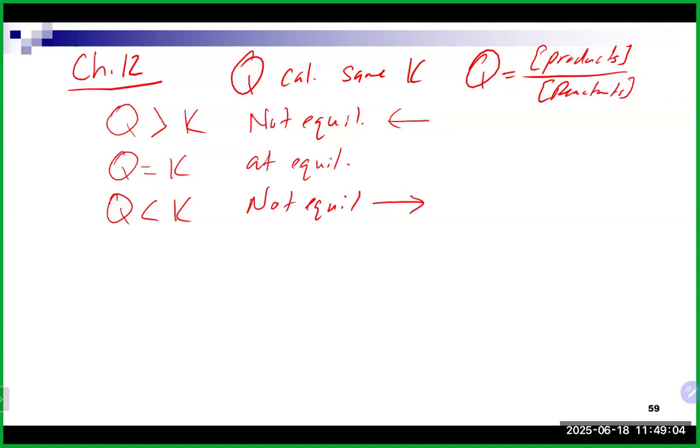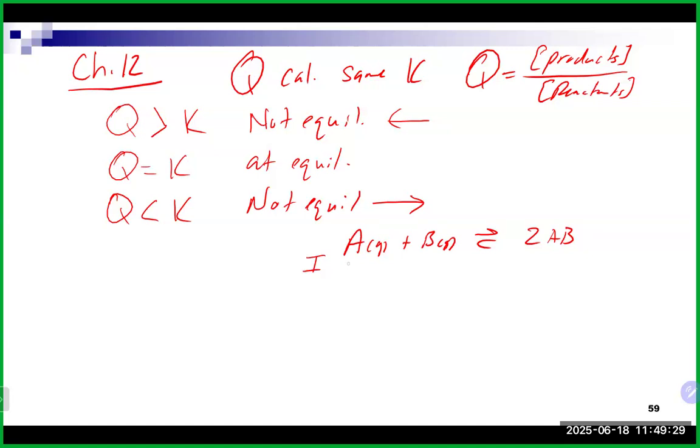We then talked about the main calculation of the class, which is ice tables. When we solve equilibrium problems, when we're just given initial concentrations, we do an ice table.